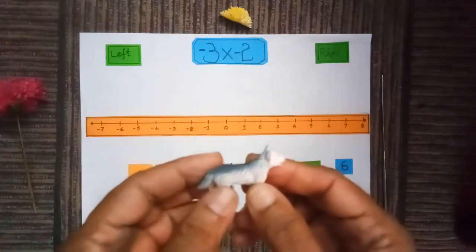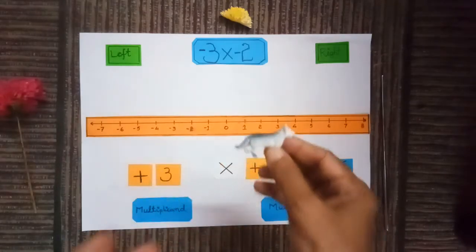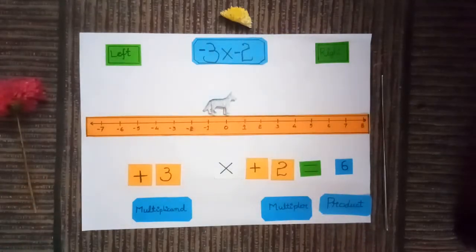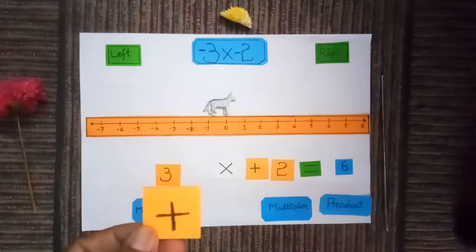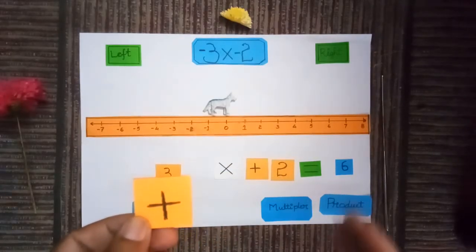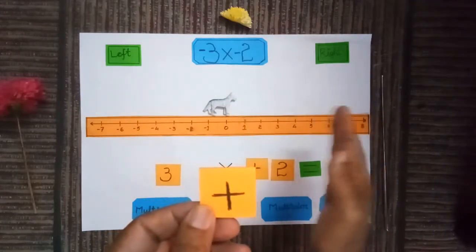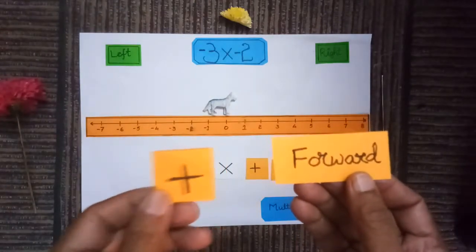Let us keep this toy dog exactly at the point 0. Now here are some of the assumptions that we are going to make. The sign positive means that the dog is facing the forward direction. So this is called the forward direction.